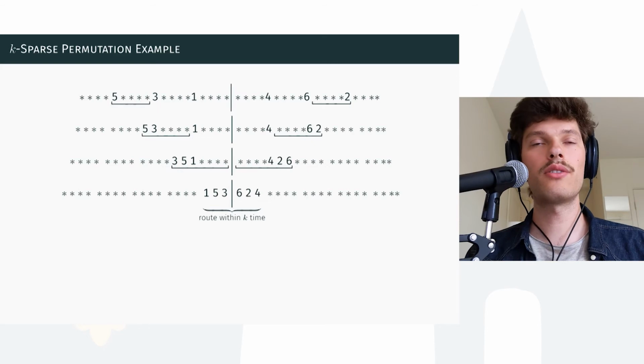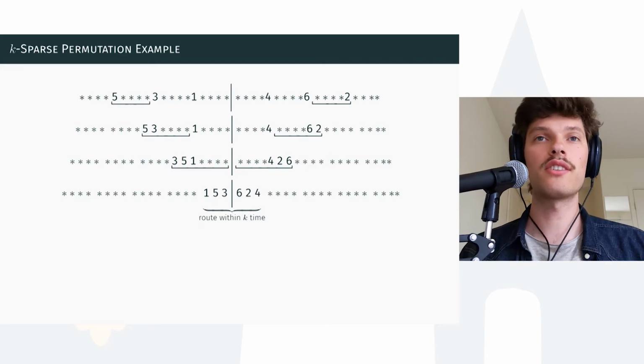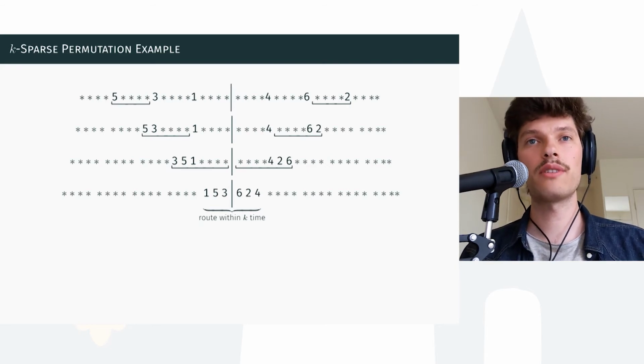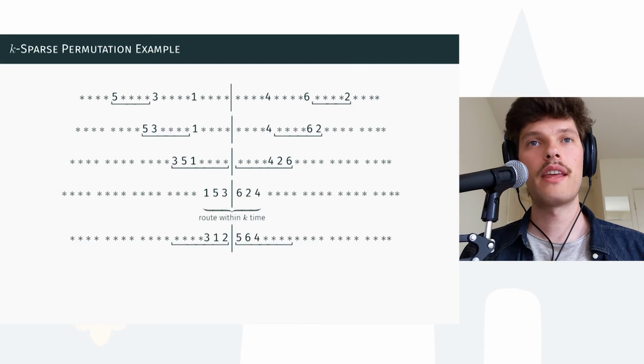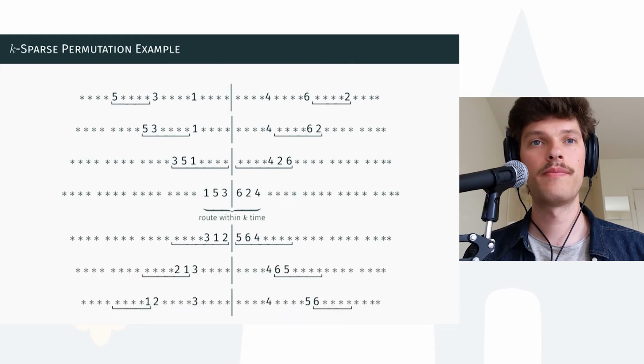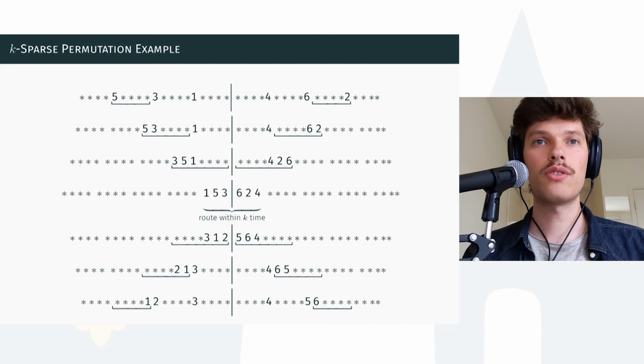And now that all the qubits are located in the center, we have a chain of length k that needs to be routed, and there exist routing algorithms to do that within k time. And then we simply reverse the first couple of steps to finish our routing protocol as follows. And then we're done. So this is a very simple routing algorithm for K-sparse permutations on chains.